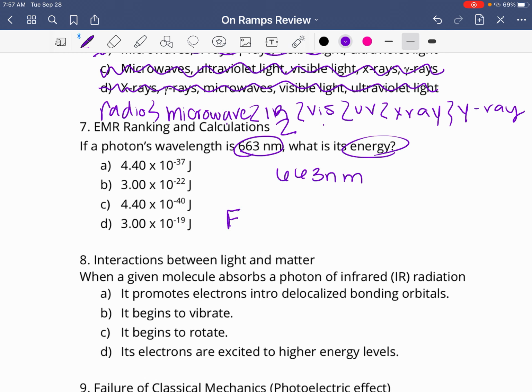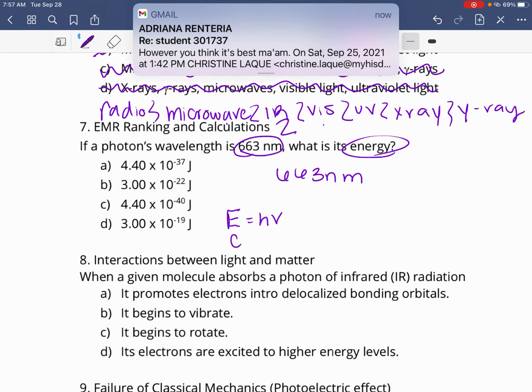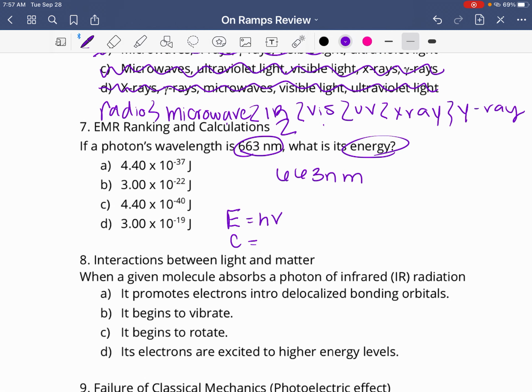You have to manipulate the 2 equations you are given, which are E equals hV and c equals wavelength times V, and V equals c over wavelength. So then you combine these and do E equals hc over wavelength. We want this, because then we can get wavelength and then find energy.